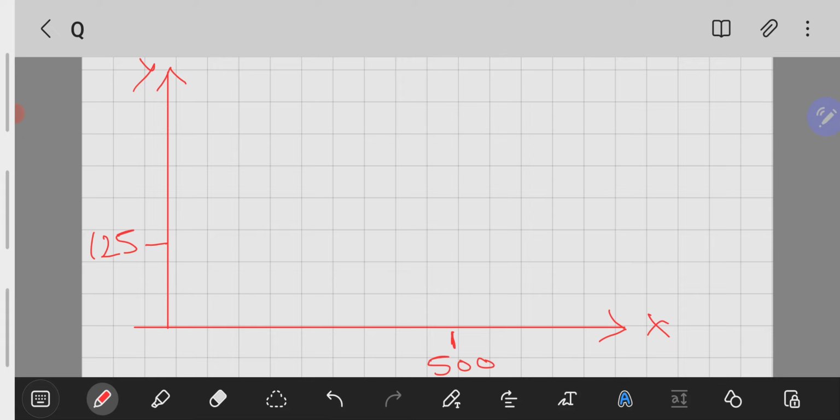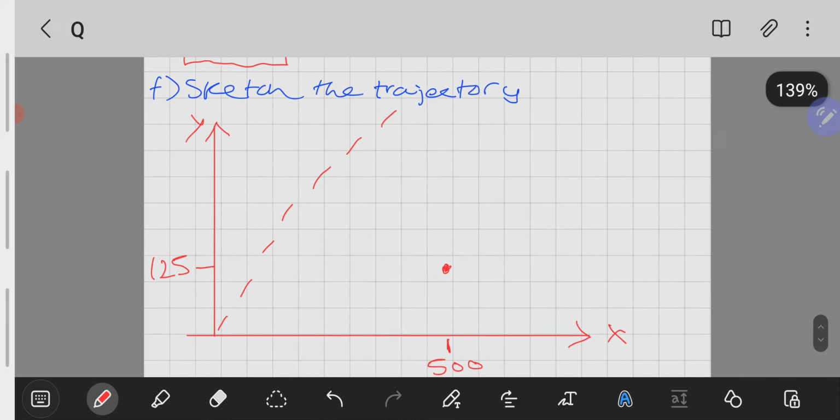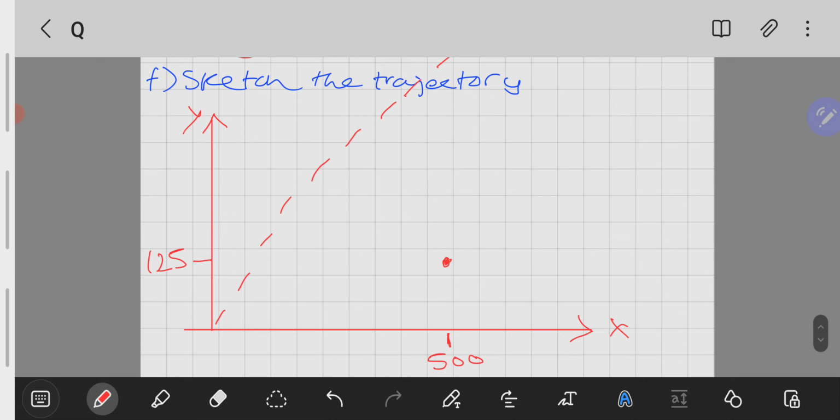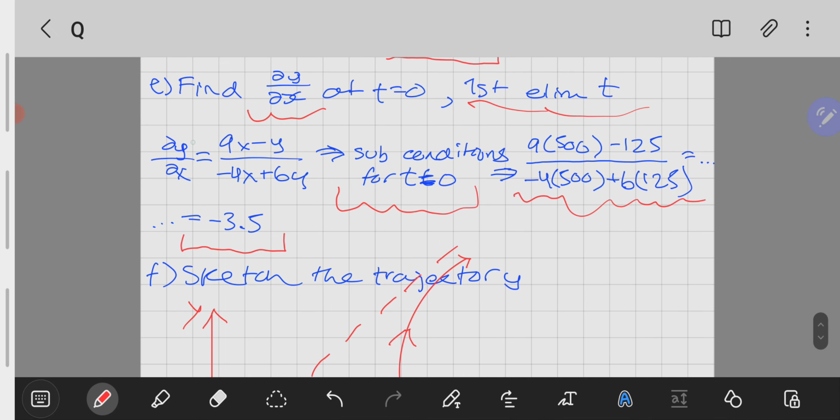Then we can plot our point here, and we know from question E, given the gradient, that the direction of the path of our sketch should be consistent with the gradient given by evaluating dy/dx in part E.